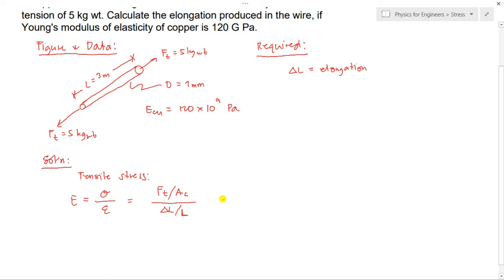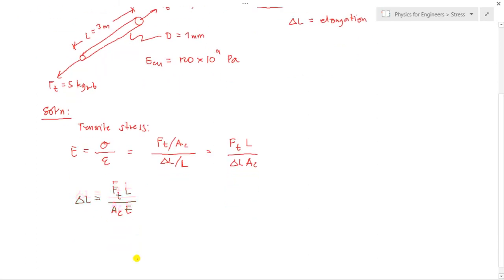Okay? And then if we're going to eliminate fractions on the numerator and the denominator, then we simplify this further. We have F of T L all over delta L and then AC. Since delta L may gipangita, so we cross multiply, and further we can arrive at delta L equals F T L all over cross-sectional area times the modulus of elasticity.